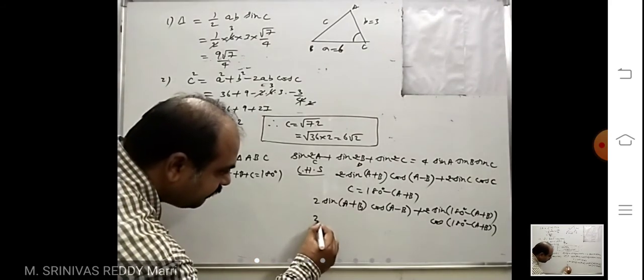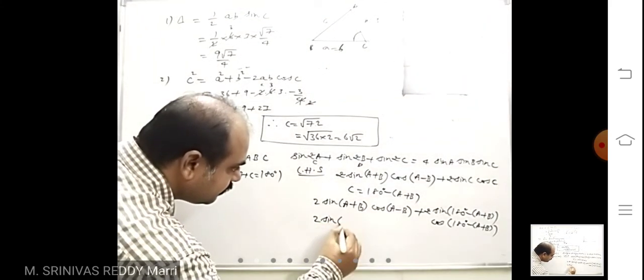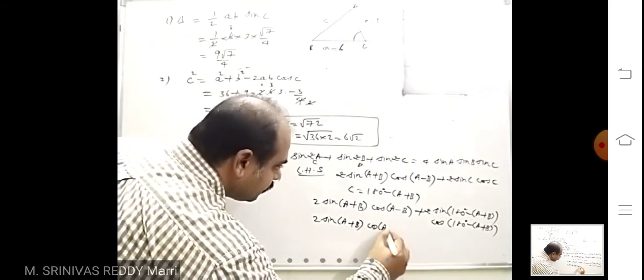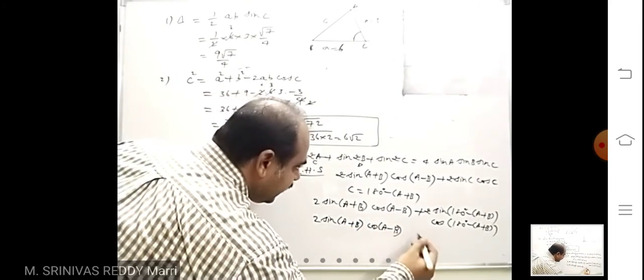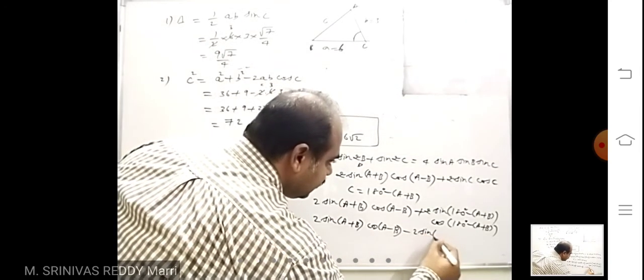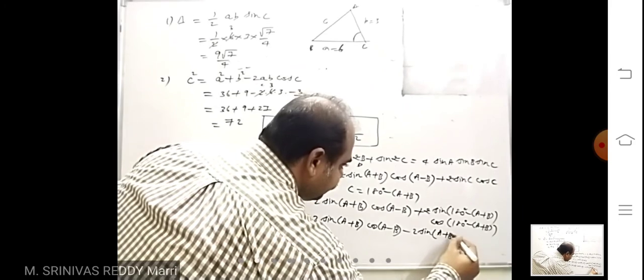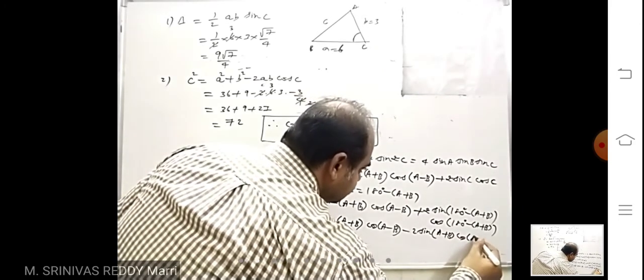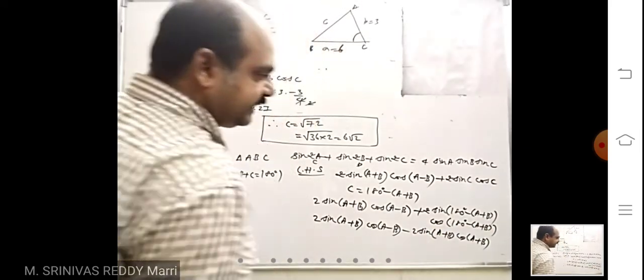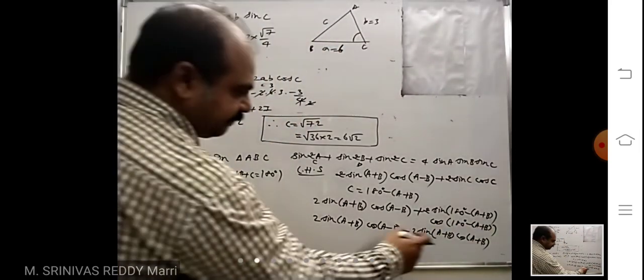Therefore you will get 2 sine of A plus B into cos of A minus B, and here you will get minus 2 sine A plus B cos A plus B, because cos of 180 minus A plus B is minus cos A plus B.